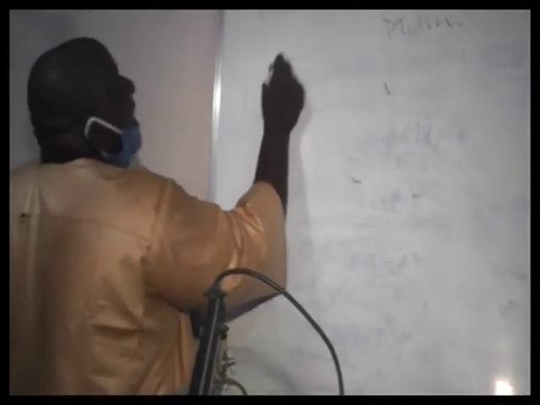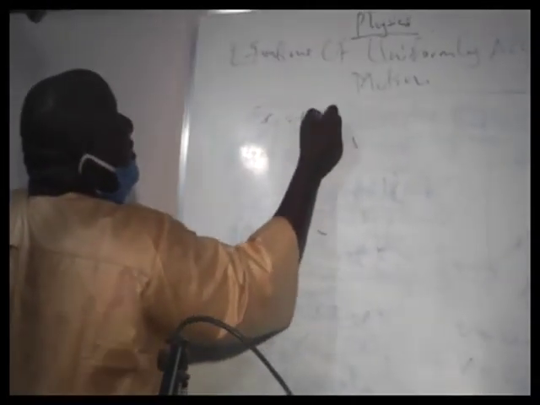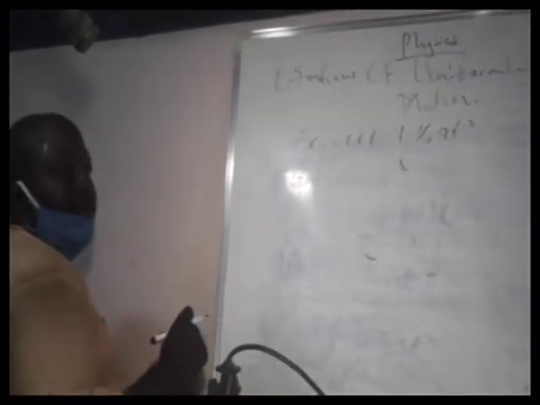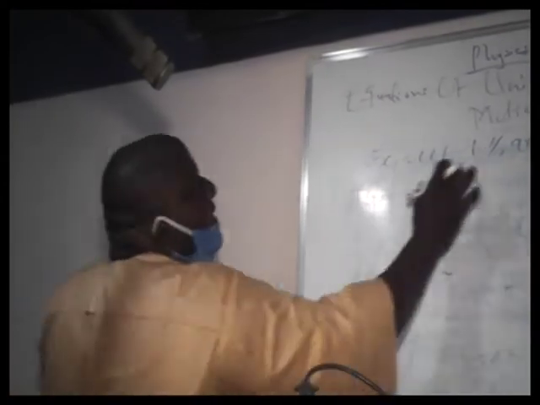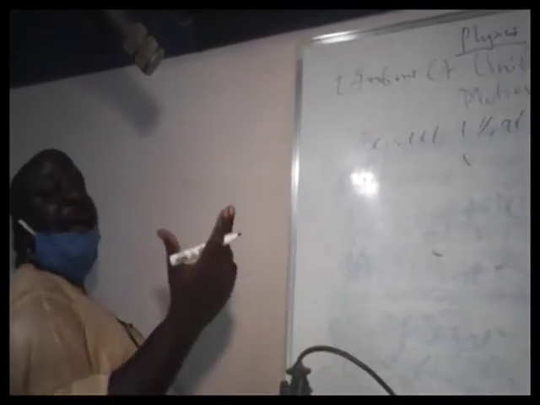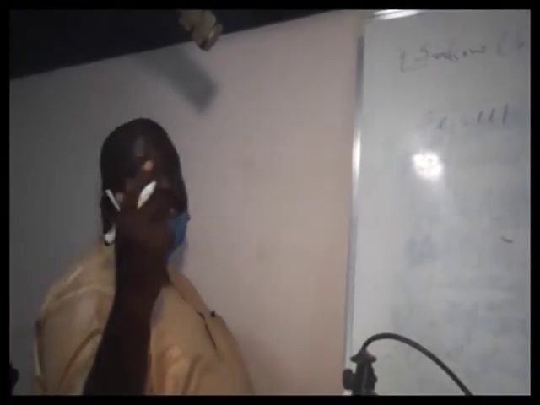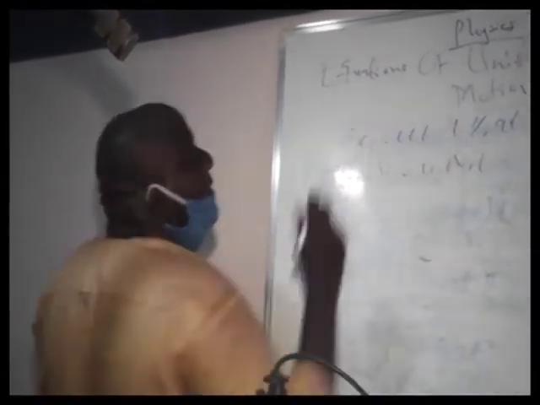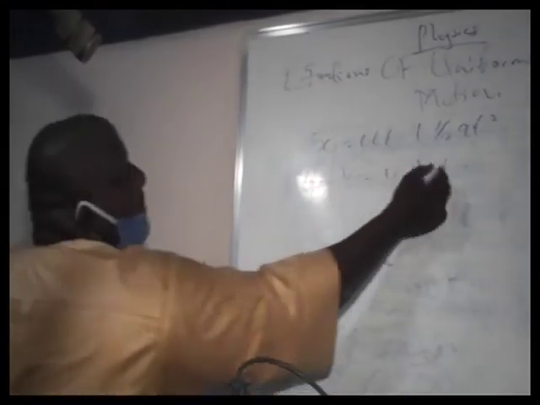We'll now use this second equation of motion, that is x equals ut plus a half at squared. Now, we'll still refer back to the first equation of motion, that is v equals u plus at. In this case, we're dealing with time.